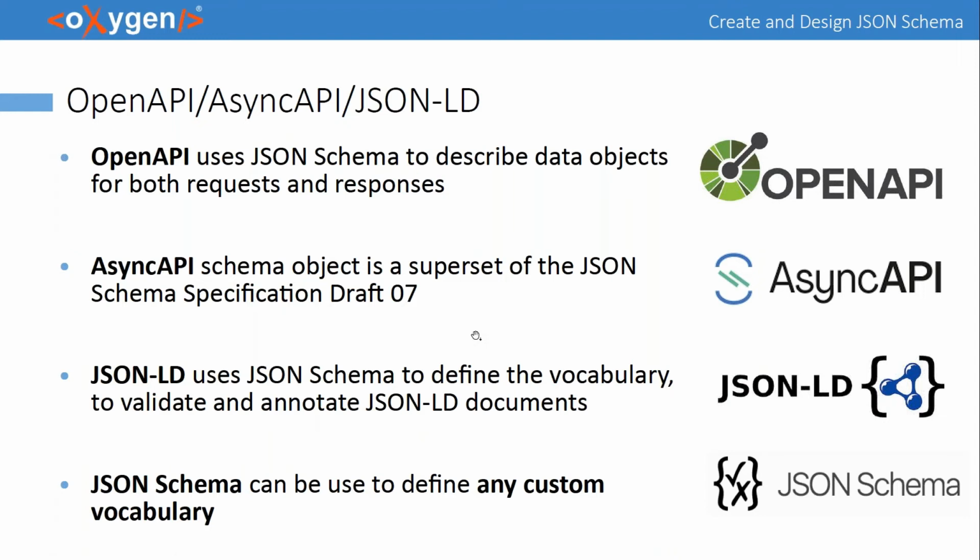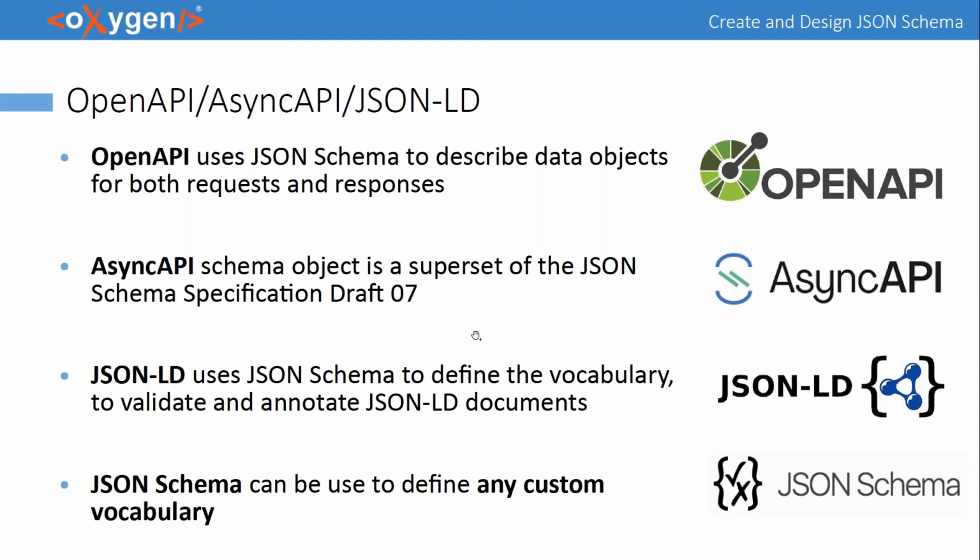AsyncAPI uses JSON schema, but it's a superset, so it's not really according to the specification. It has some additions, but it uses JSON schema specification draft 7. JSON LD is a vocabulary, and there is a JSON LD schema that allows you to validate JSON LD documents.